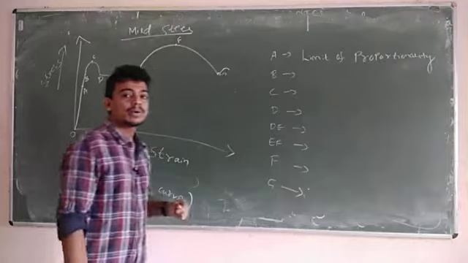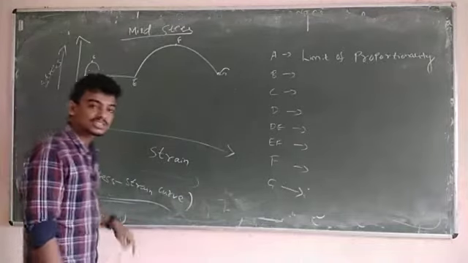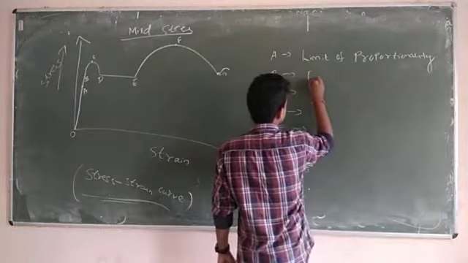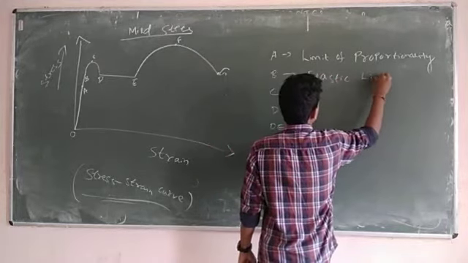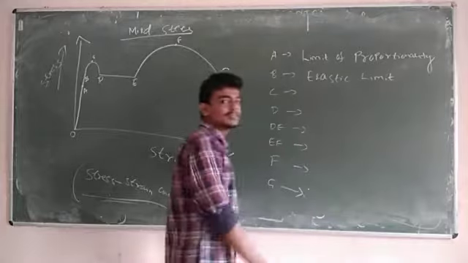The next point is point B, called the elastic limit. What is elastic limit?